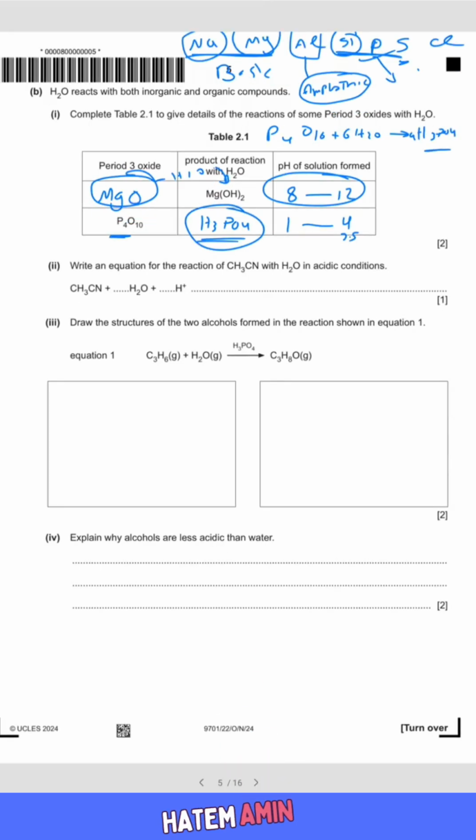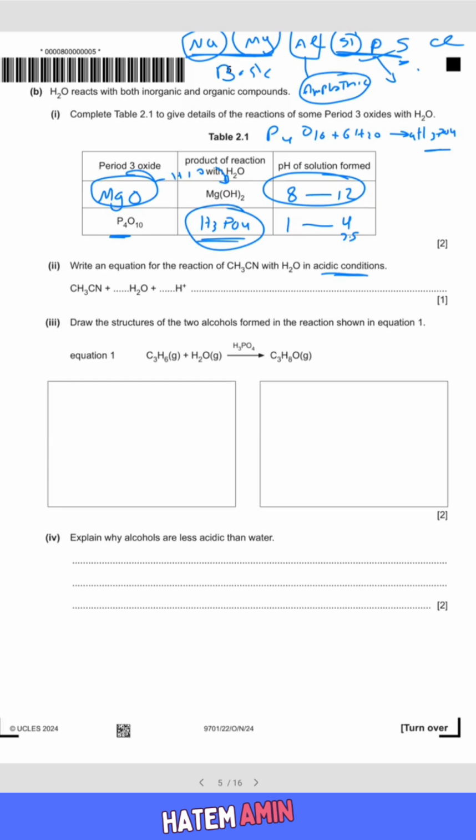The question is: write an equation for the reaction of CH3CN with H2O. This is a hydrolysis of methyl nitrile. We have two kinds of hydrolysis for nitrile. It may happen in acidic condition or basic condition. Here, in acidic condition, it should happen in two steps. The first one is the hydrolysis of the nitrile to give us an amide.